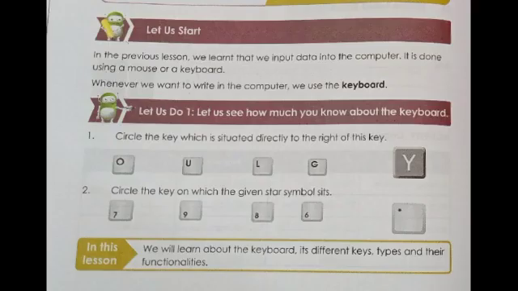Let us see how much you know about the keyboard. Number 1. Circle the key which is situated directly to the right of the key. O, U, L, G. Find out which key is coming on the right side.